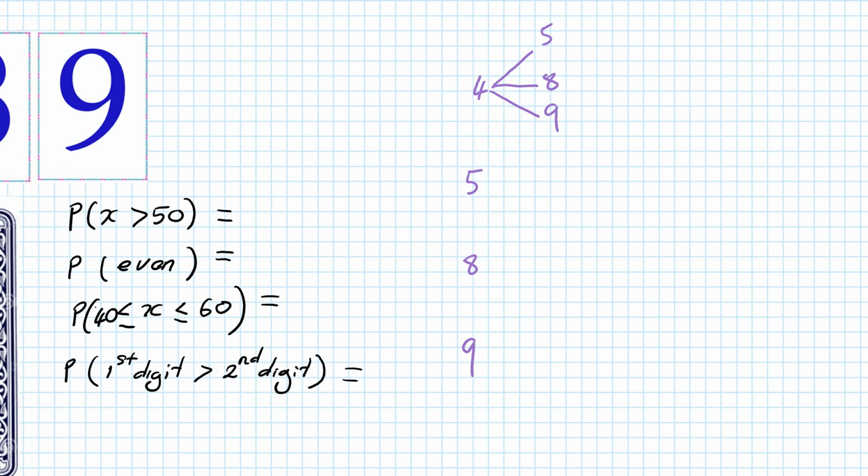If I select a 5, then for the second one I either get a 4, an 8, of course no more 5, or a 9. Similarly, if I get an 8, the next draw could be a 4, a 5, or a 9. If I select a 9 at the first place, then the second time I either get a 4, a 5, or an 8.